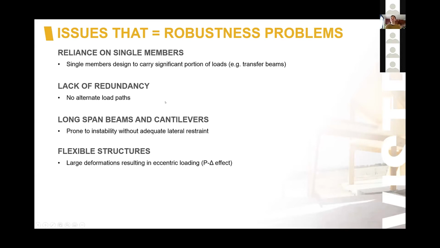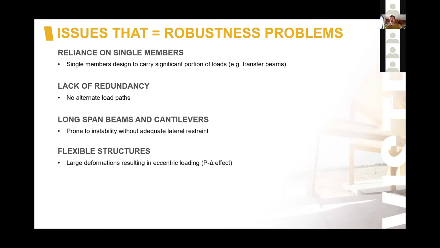Okay, so some issues that can lead to robustness problems are the reliance on single members, as you saw in the Hyatt Hotel example, or in the case of transfer beams, for example; lack of redundancy, so no alternate load paths; long span beams and cantilevers. These are prone to things like lateral torsional buckling.